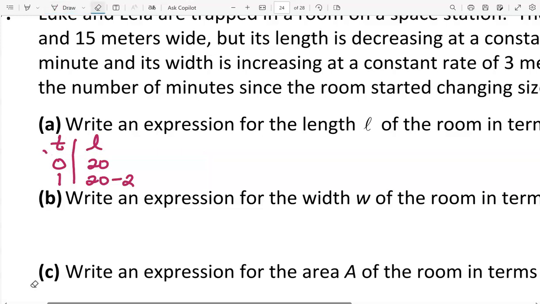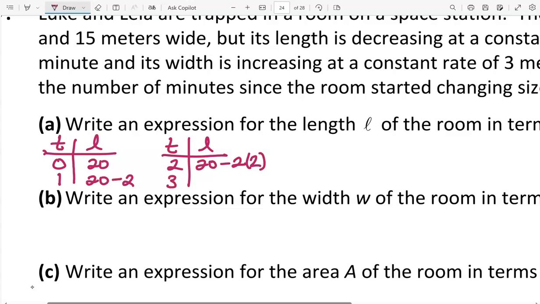Let's continue our table over here. After 2 minutes, the length is 20 minus 4, or 20 minus 2 times 2, because we'll decrease the length by another 2 meters.